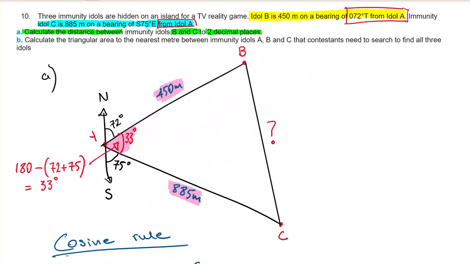And now let's look at part B. So it says calculate the triangular area to the nearest meter between the three points A, B, and C. So that triangle A, B, and C is what we're looking at. And so we just want the area of that triangle.